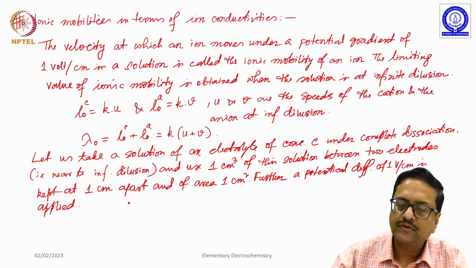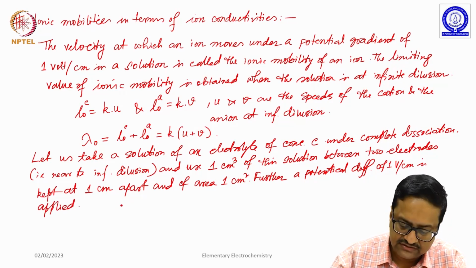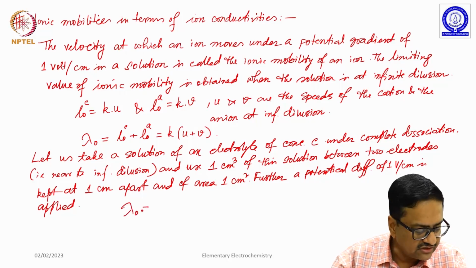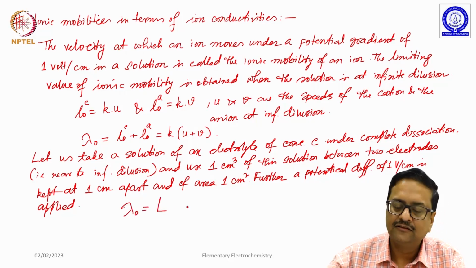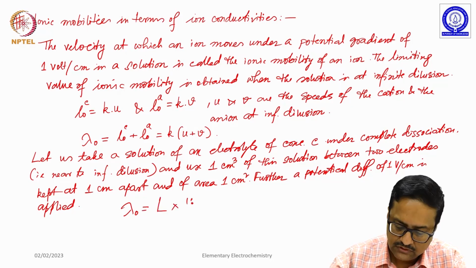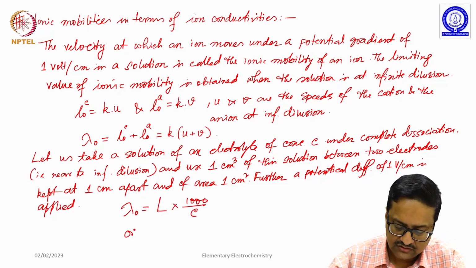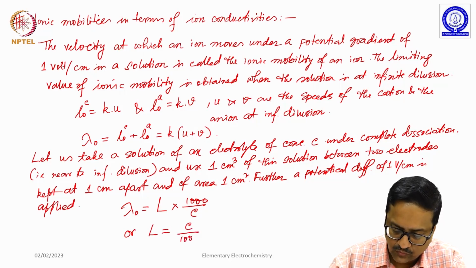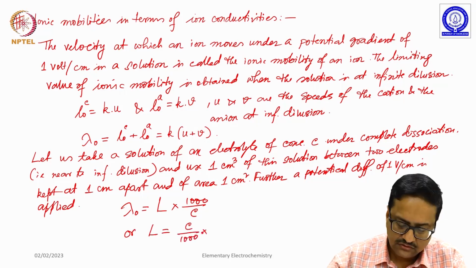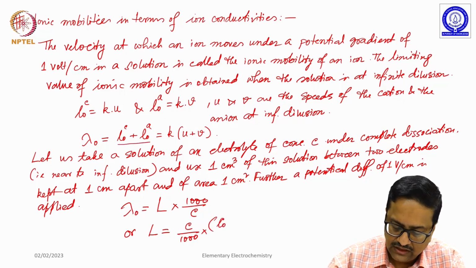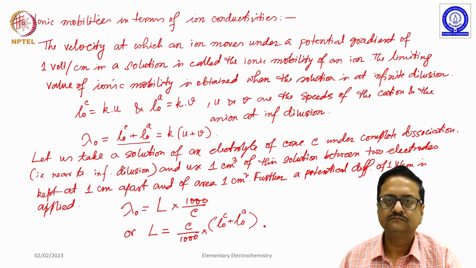So, what we know from our previous equations is that lambda 0 is equal to L into 1000 by C, or simply L is equal to C by 1000 into lambda 0, which is nothing but L0C plus L0A, correct?